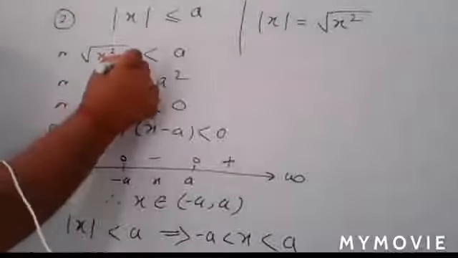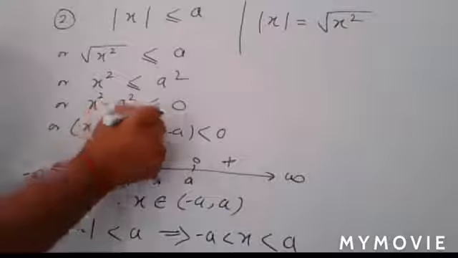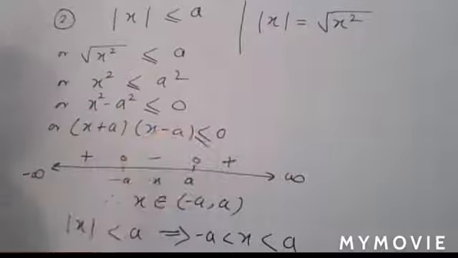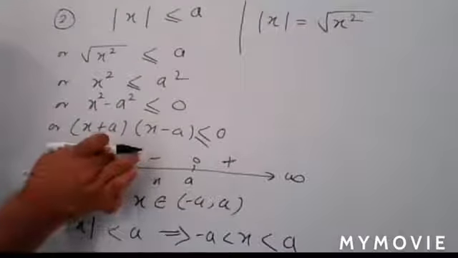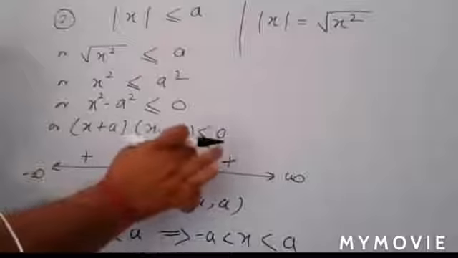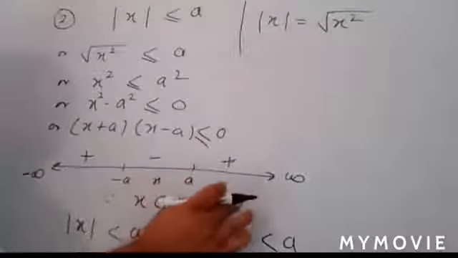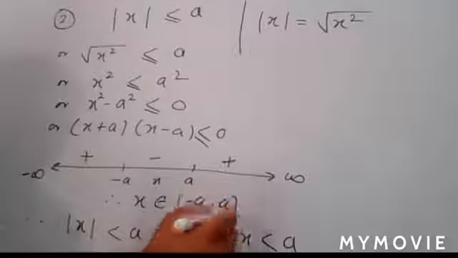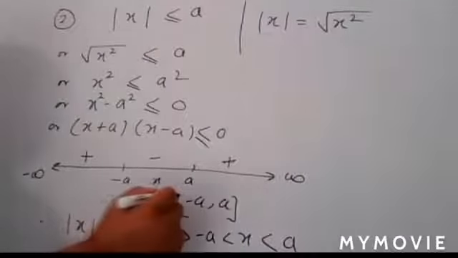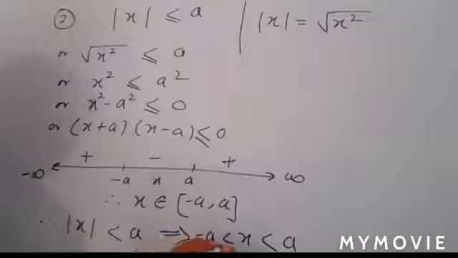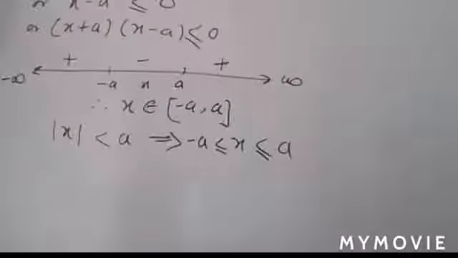So in that case, you have to introduce equal to also in each of the terms. So here you have to take close interval. Here you have to take close interval, understand? And x is greater or equal to minus a and less or equal to a.